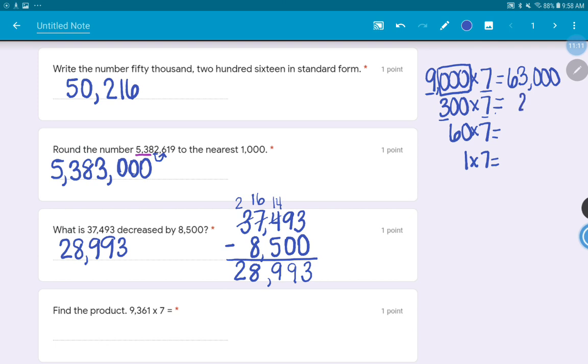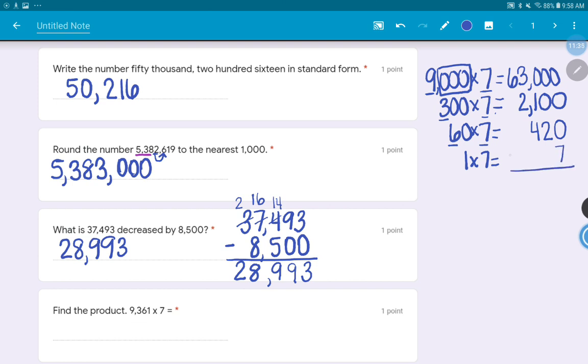Good. And how many zeros? 2 zeros. Okay. And 6 times 7 is 42. And we have 1 zero. And 1 times 7 is 7.